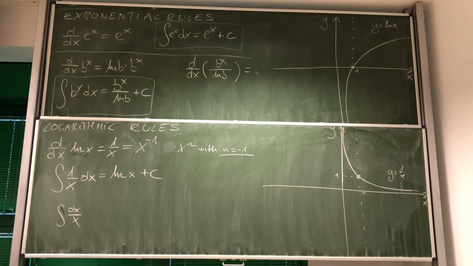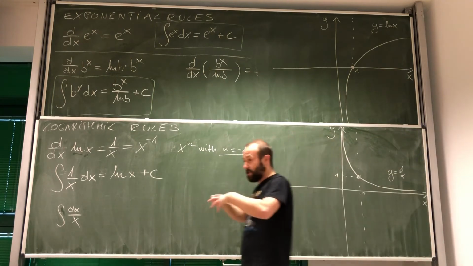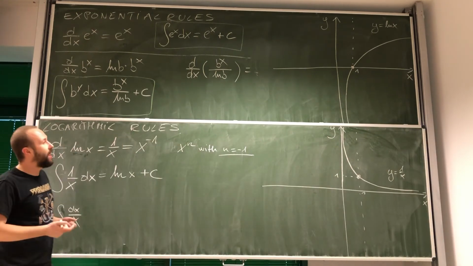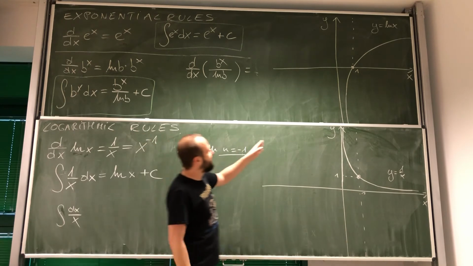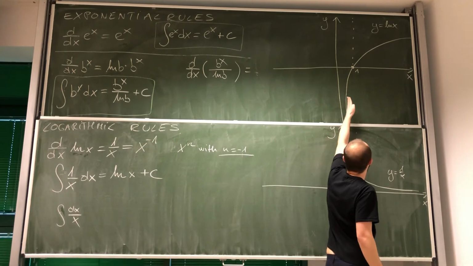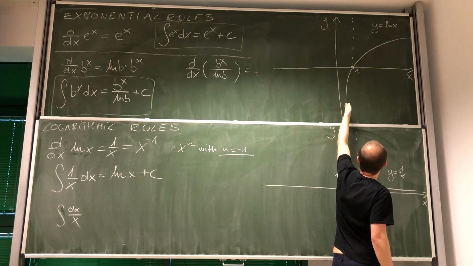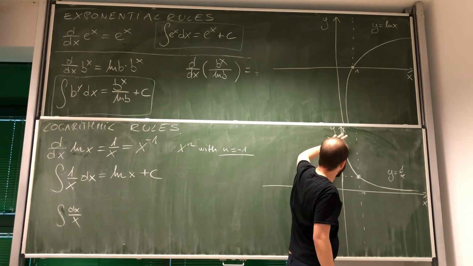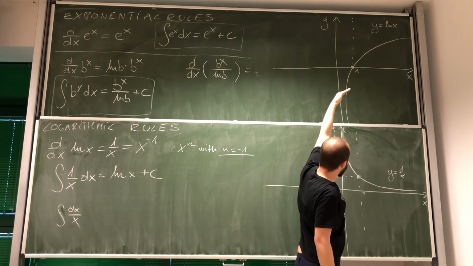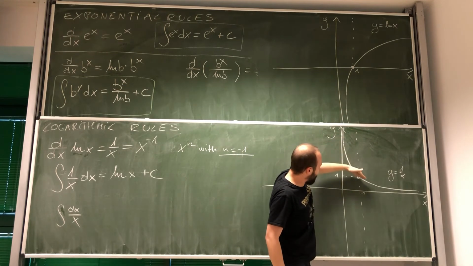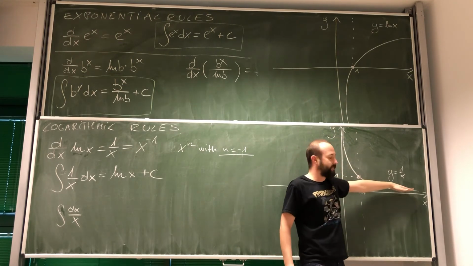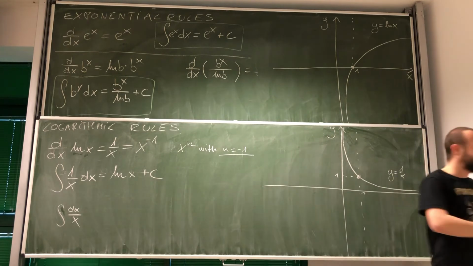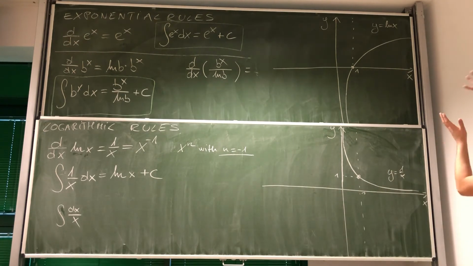This result is really convincing, because I can clearly see that the function ln x here is very strongly upward sloping, and here the values of the derivative are the highest. Then the function gets flatter, and the value of the derivative gets closer and closer to 0, right? We can clearly see the correspondence between those two functions.